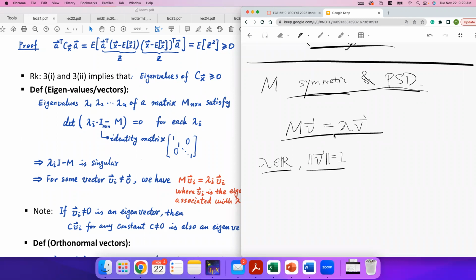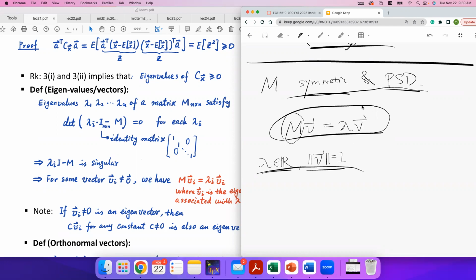You may find a lot of such vectors v and lambda. So we call each a pair of eigenvalue and eigenvector. The reason that this equation is so important is that such an eigenvector v can be understood as a basis of this matrix. After applying this linear transformation M to this vector v, the resulting vector does not change the direction.